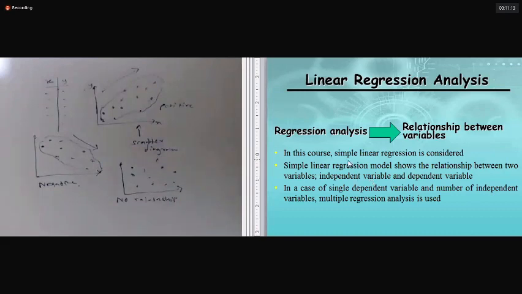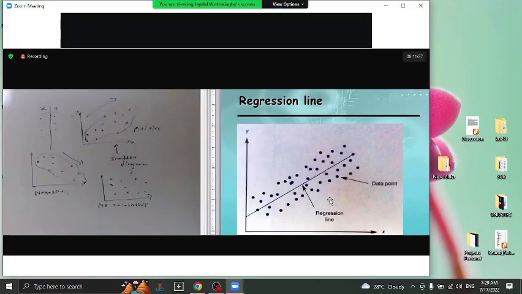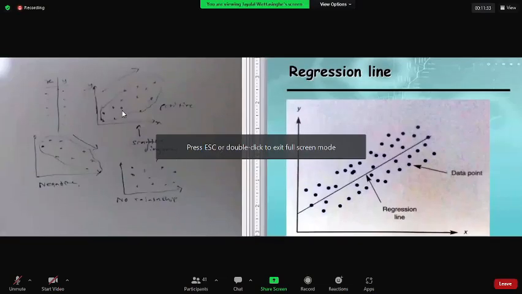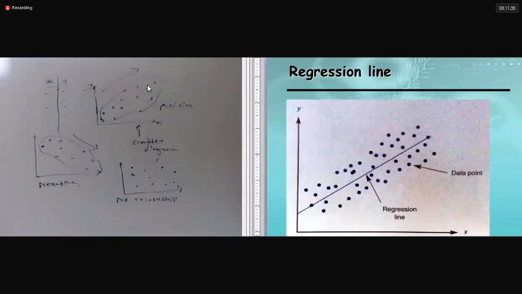Okay, now here what we want to do is, based on this relationship, find the relationship mathematically.